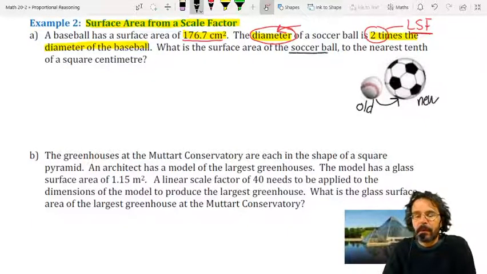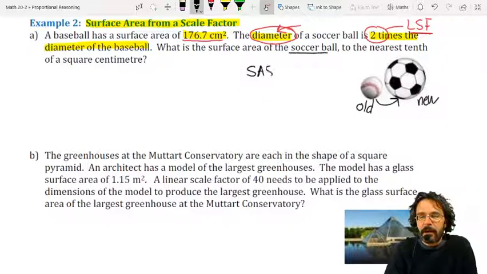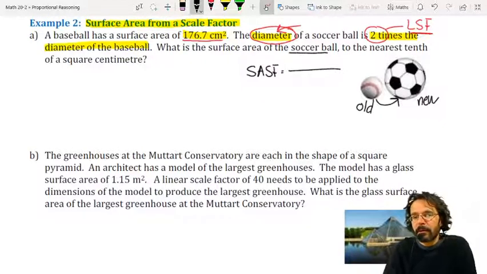So the formula we're going to be using is surface area scale factor equals the surface area of the new one, the soccer ball, divided by the surface area of the old object, our baseball.